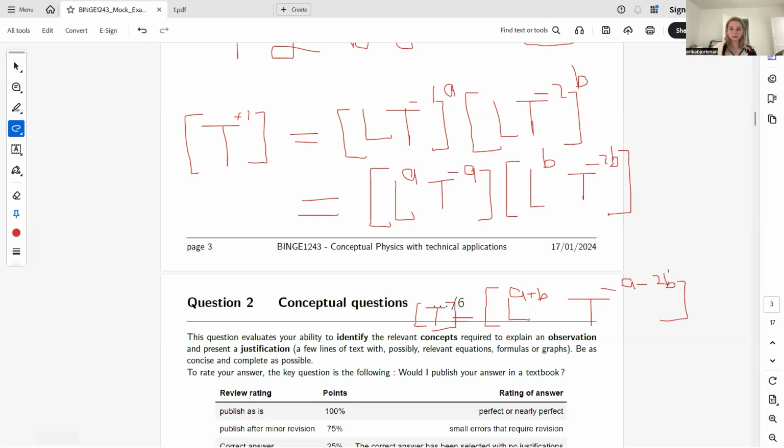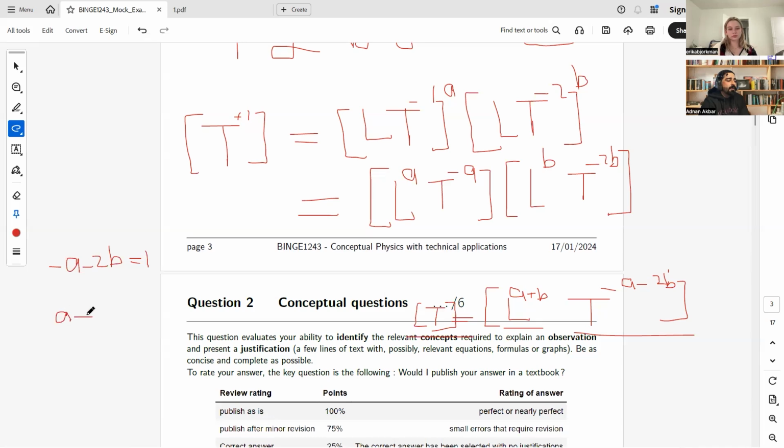Now you need to compare powers of both sides, as on the left hand side and right hand side we have the factor time T. So we can write our equation: minus a minus 2b is equal to 1. And for the length we don't have any factor on the left hand side, so we can write a plus b is equal to 0, and also a is equal to minus b.